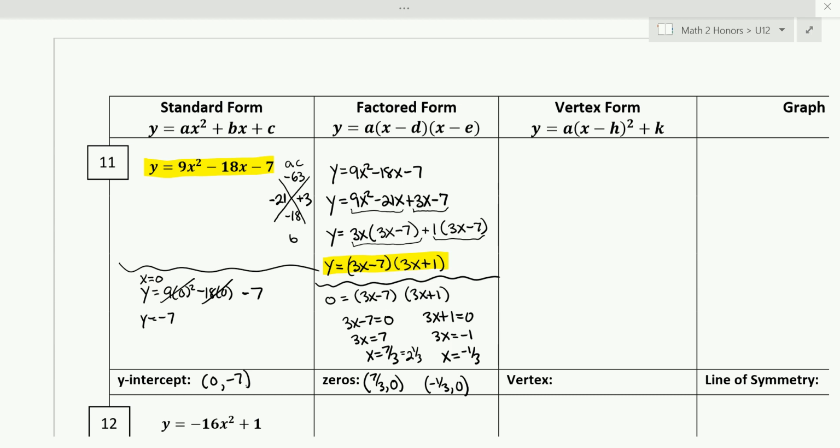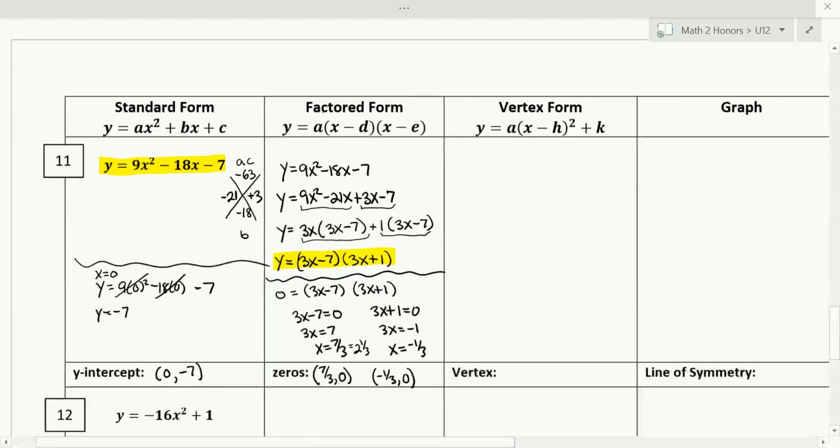Okay, so we know that the axis of symmetry, or the line of symmetry, is right in between our two zeros. And here we have a fraction, so we have to find out what is right in between 7/3 and negative 1/3. A little bit of scratch work here. How do you find the middle? What do I do with the numbers? Add them together.